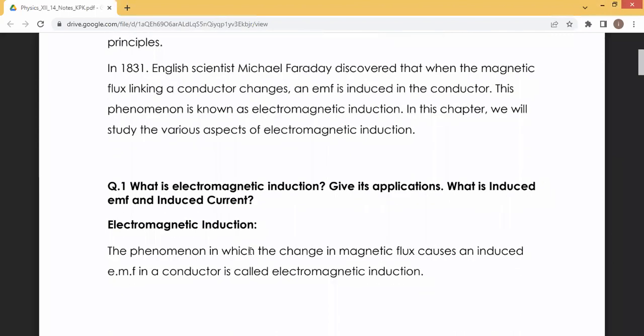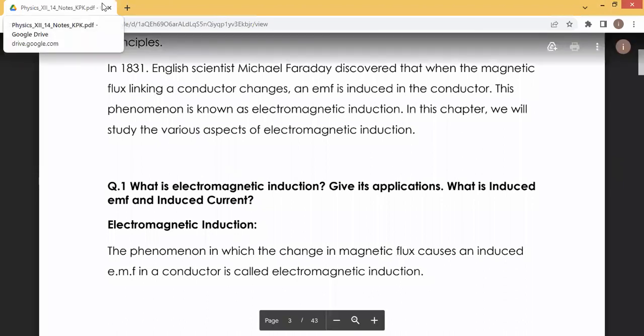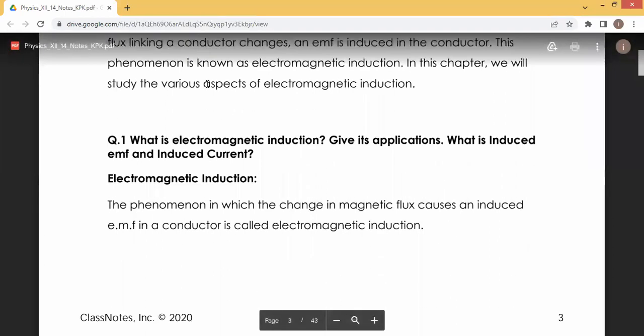First is, what is electromagnetic induction? Give its application, and what is induced EMF and induced current. The phenomenon in which a change in magnetic flux causes an induced EMF is known as electromagnetic induction.